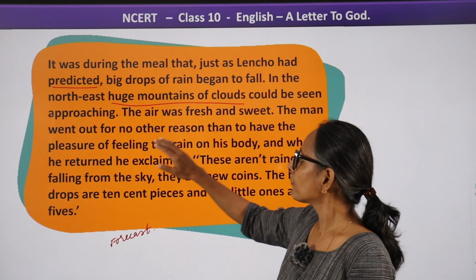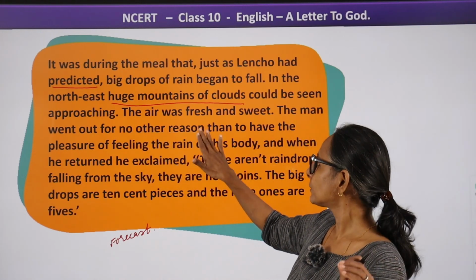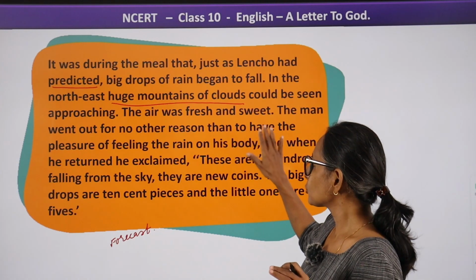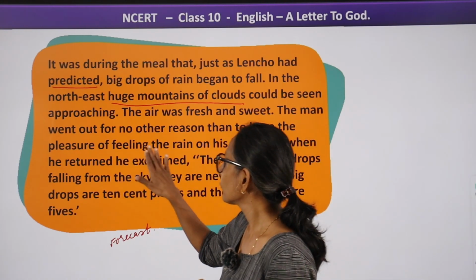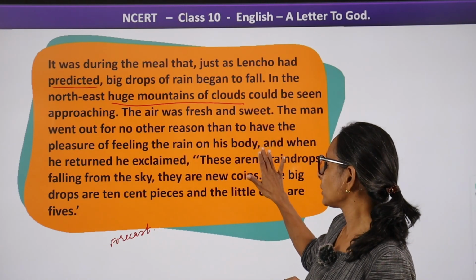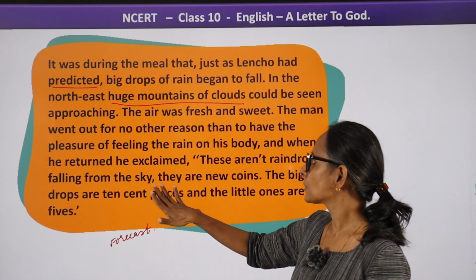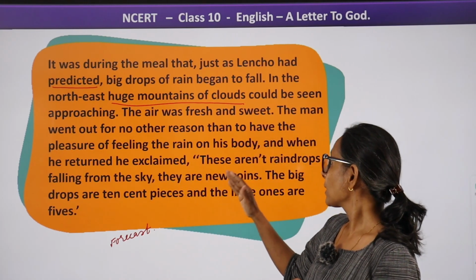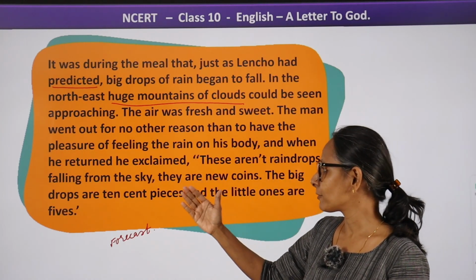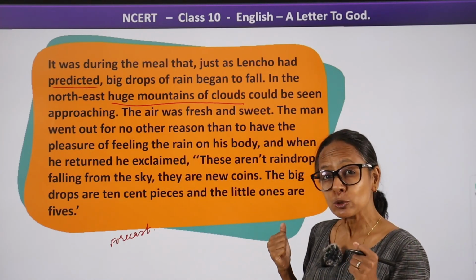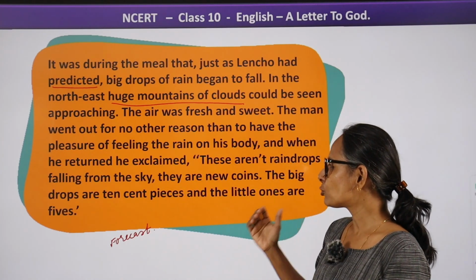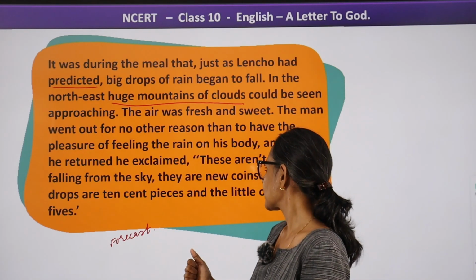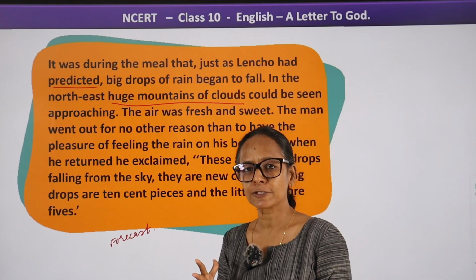The man went out for no other reason than to have the pleasure of feeling the rain on his body, and when he returned, he exclaimed, "These aren't raindrops falling from the sky, they are new coins. The big drops are 10-cent pieces and the little ones are fives."